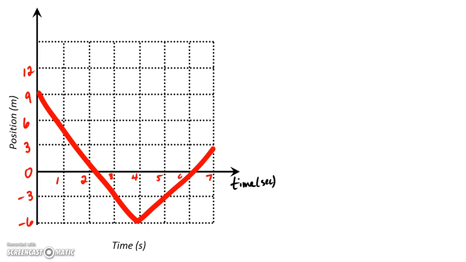So let's start with some key elements of this, and that is that one, the slope is the rate of change, and that tells us velocity.